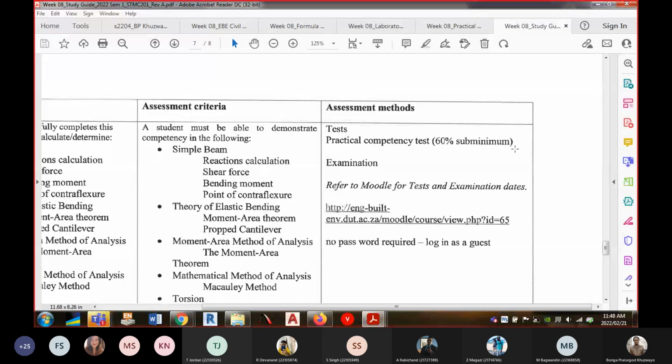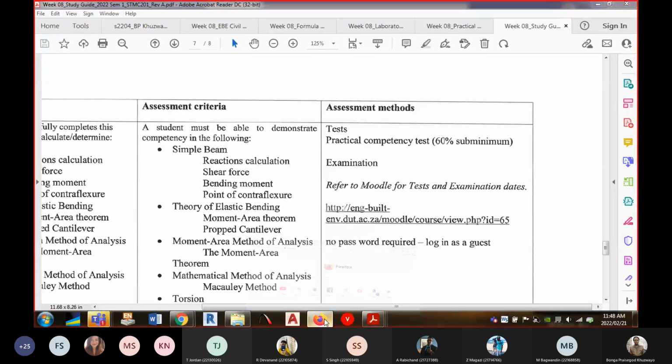So basically, to complete this module, you need to obtain a minimum of 60% for your practical competency test. So you need to make sure that you are able to draw shear force and bending moment diagrams before you write that competency test. There's also an examination on Moodle.